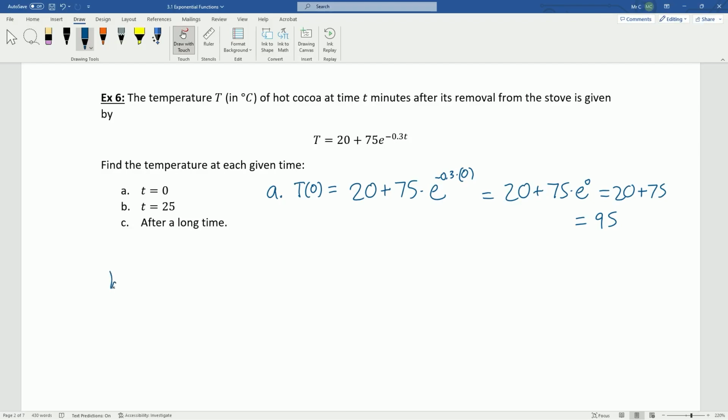Okay, and now if we take a look at part B when t equals 25, we get 20 + 75 times e. And instead of writing -0.3, I'm going to write -3/10 because it's easier to work out with fractions, times t, which is 25.